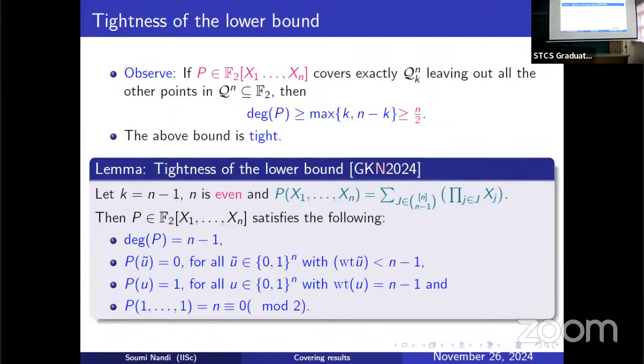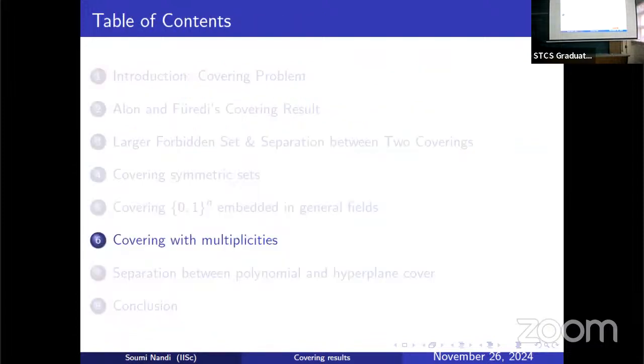Then we can take this as the product of n minus one many variables and their sum. So this is an n minus one degree polynomial, and in F2 this answers it. Next I will come to covering with multiplicities.